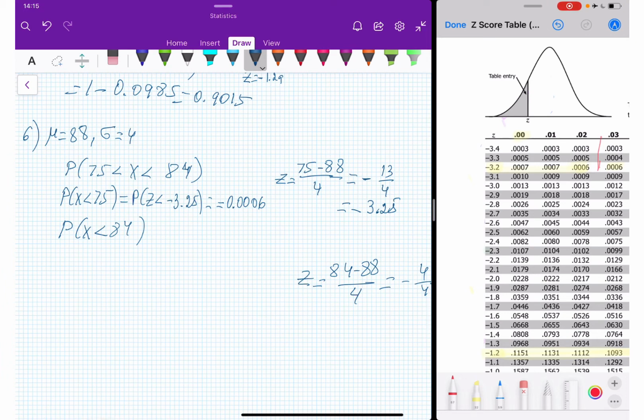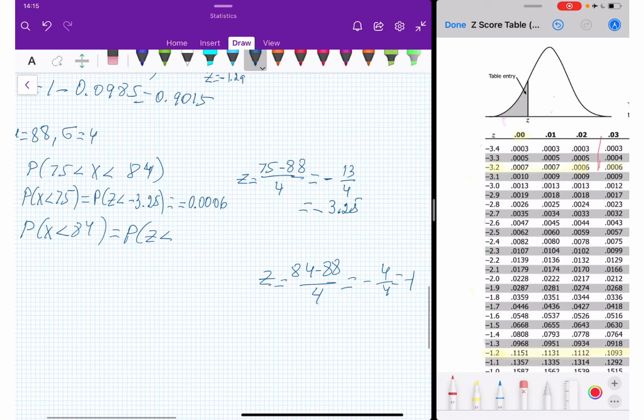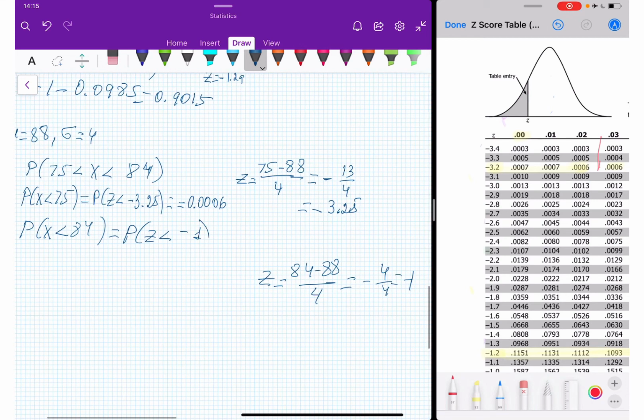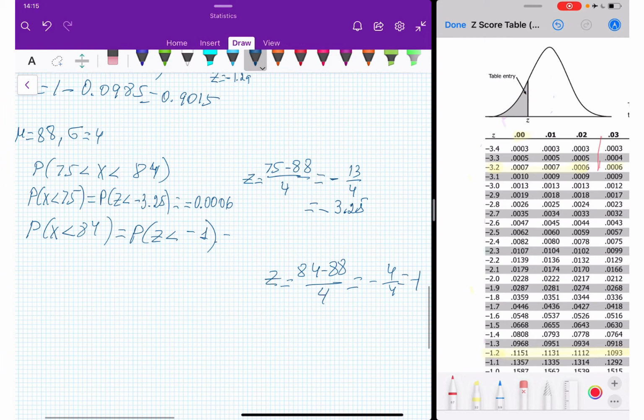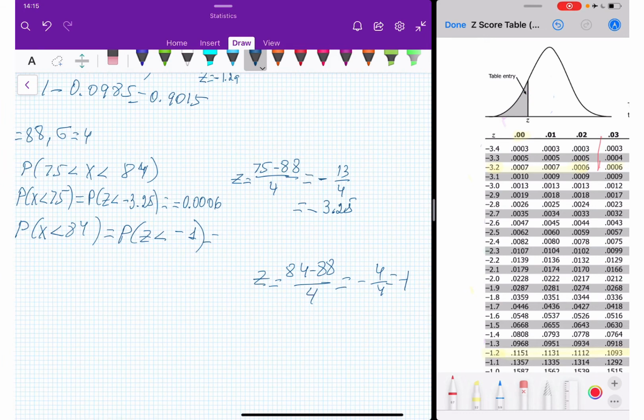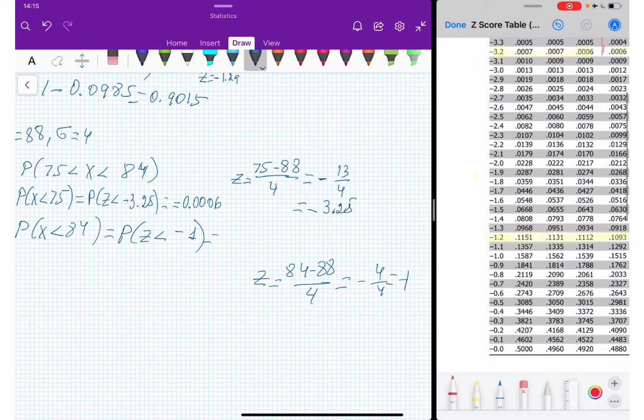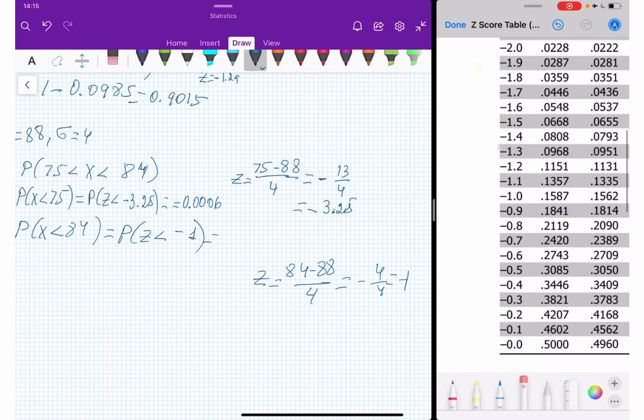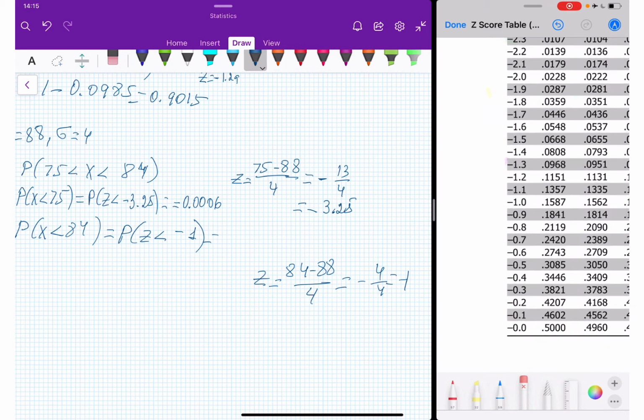So it's equal, probability for z-score is less than negative 1. And how much is my negative 1? There we go, negative 1. It's right here, 0.1587.